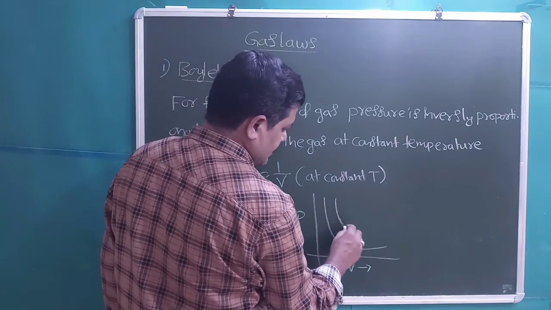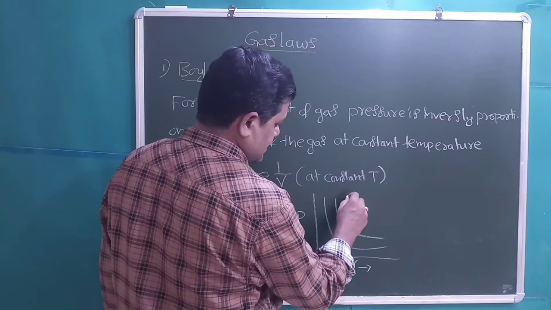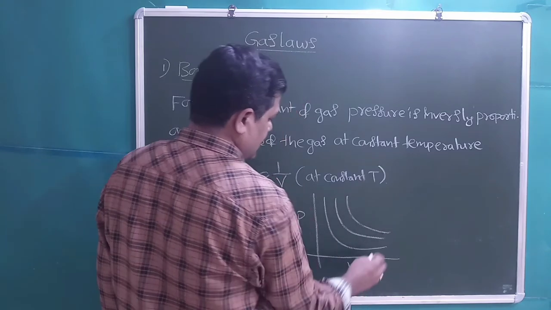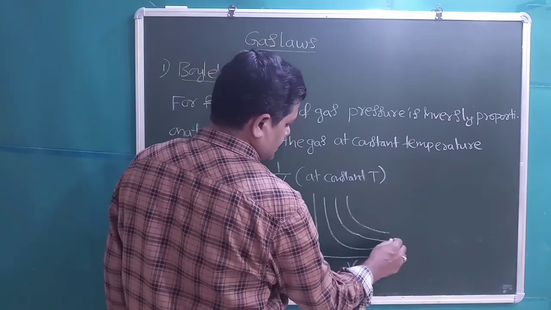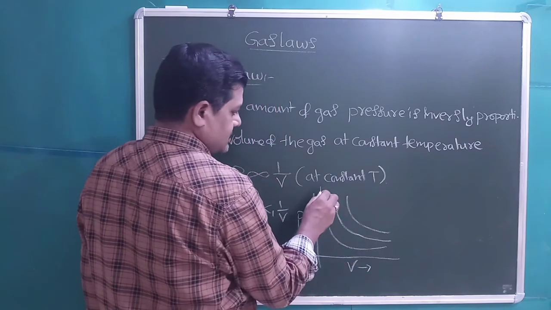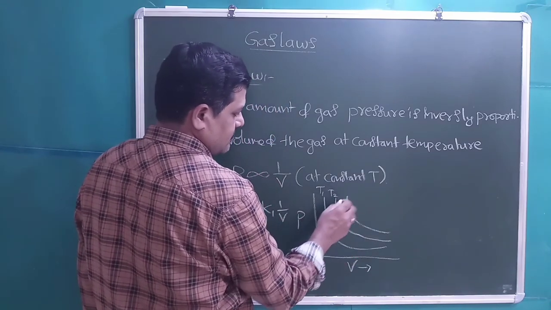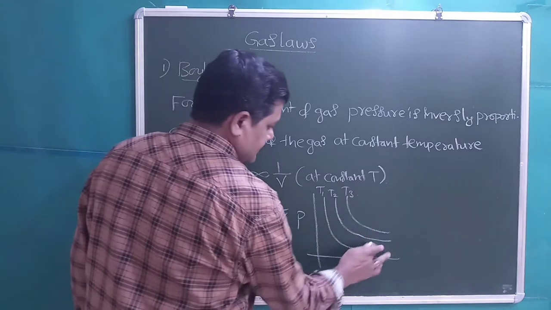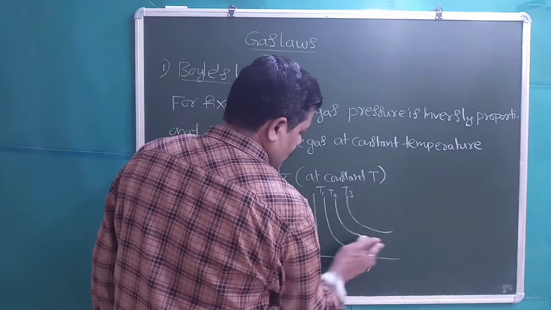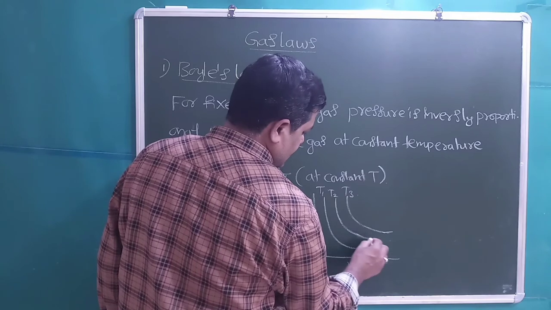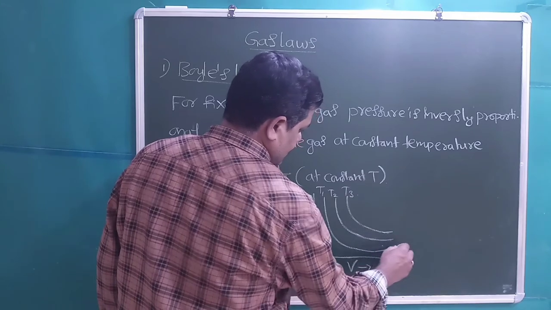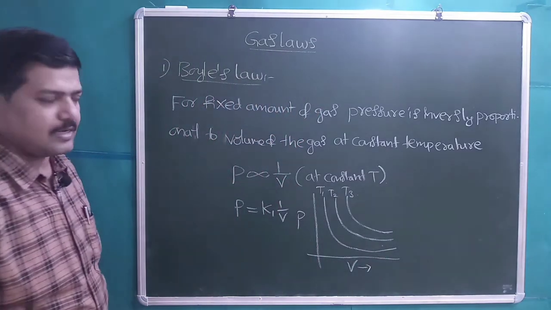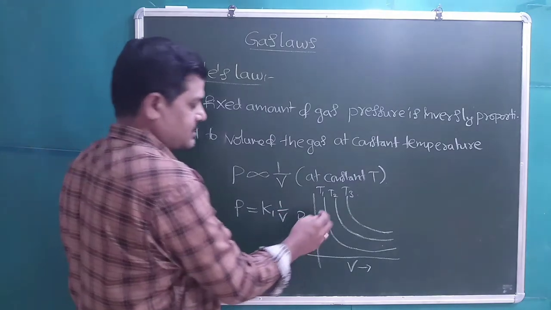Let us consider these at 3 different temperatures, students. 3 different temperature curves are obtained like this. Assume this is at T1, second one is at T2, T3 temperatures we are getting, right? So then, what is the increasing order of the temperatures for the given curves?